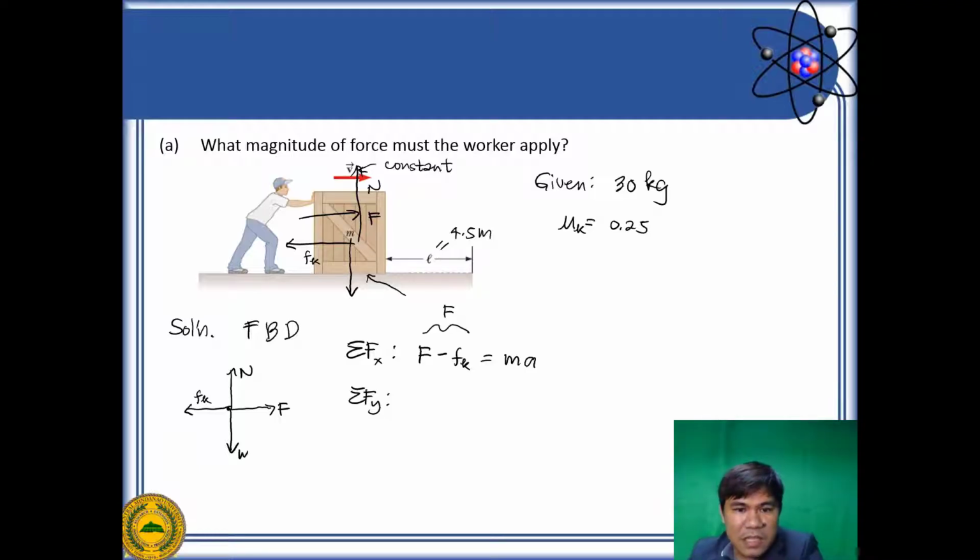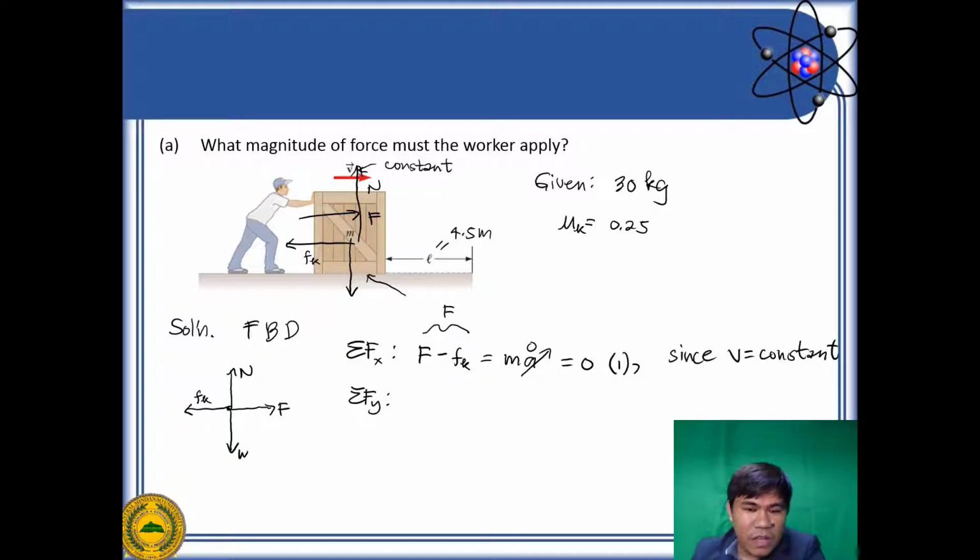Now, since in the given the velocity is constant, the acceleration is 0. So the right side is equal to 0, since v is constant. Let us call this equation number 1.